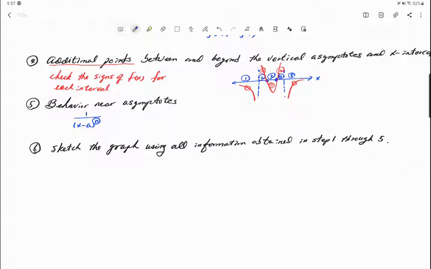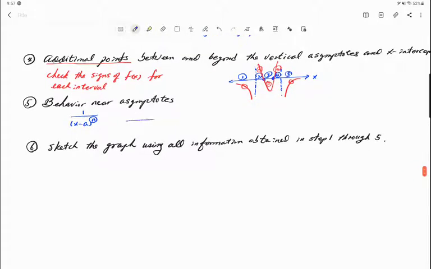Near the asymptote, the graph is either both above the line, or both below the line, or they are on different sides, like this.